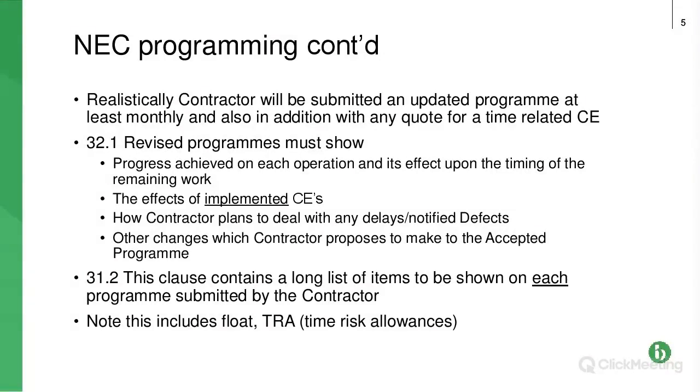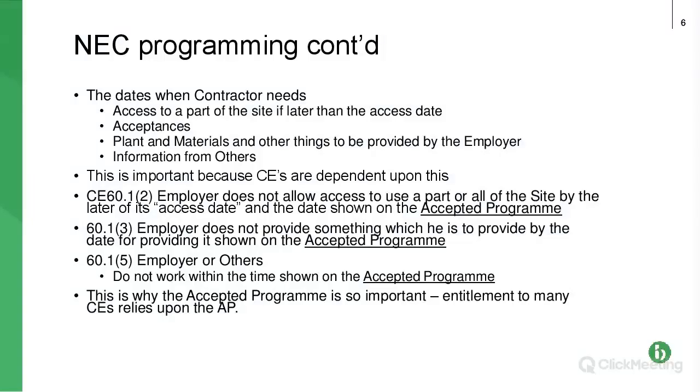It means that if there's a delay related to a compensation event, the float can be used to take account of that delay, whereas time risk allowances belong to the contractor, so that covers contractors' delays, contractors' shortcomings, basically. So, hopefully you can see why it's really important to distinguish between them on the programme. And if you get them muddled and you call it float, then the employer, the paying party, will be saying, no, that's to be used to cover any compensation event delay, and not give the contractor any extra time, an extension of time.